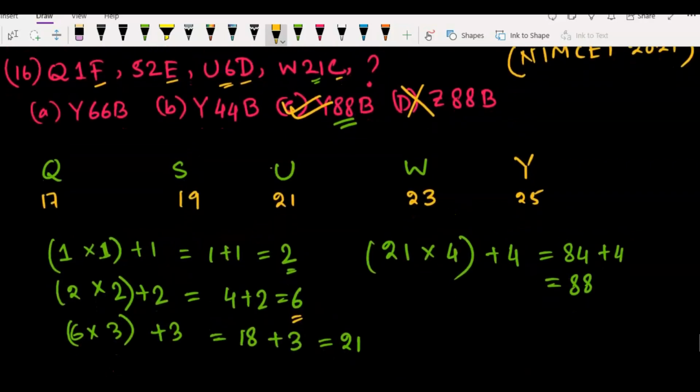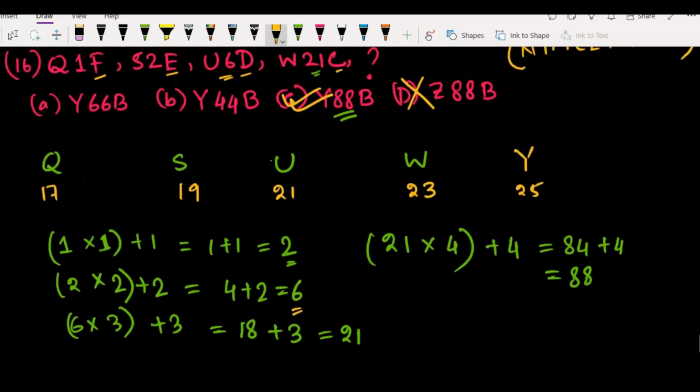So this was different. So you see, for the second term what we have done: the first term is 1, then we did 1 multiplied by 1 plus 1. So we get 2, the second term.